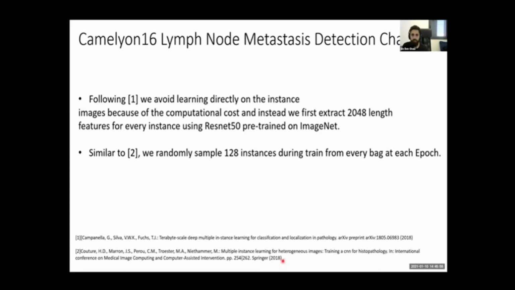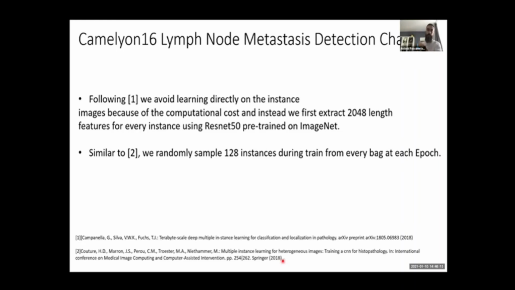Okay, thanks. I have a follow-up question on that. The principle of multiple instance learning is that you have a label for the whole bag if there is at least one positive example, right?